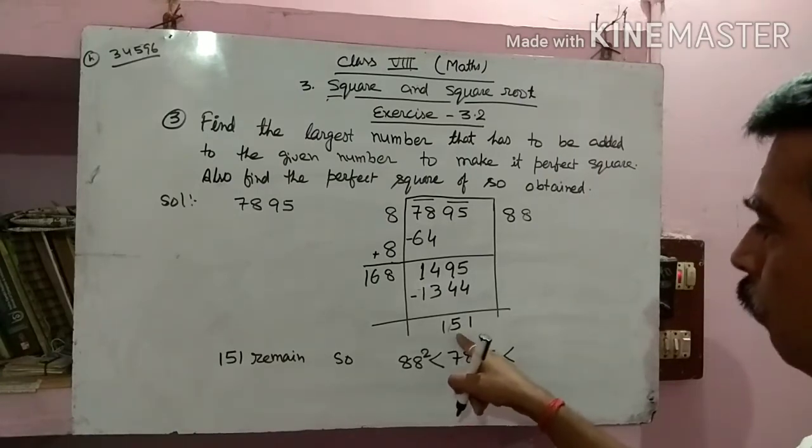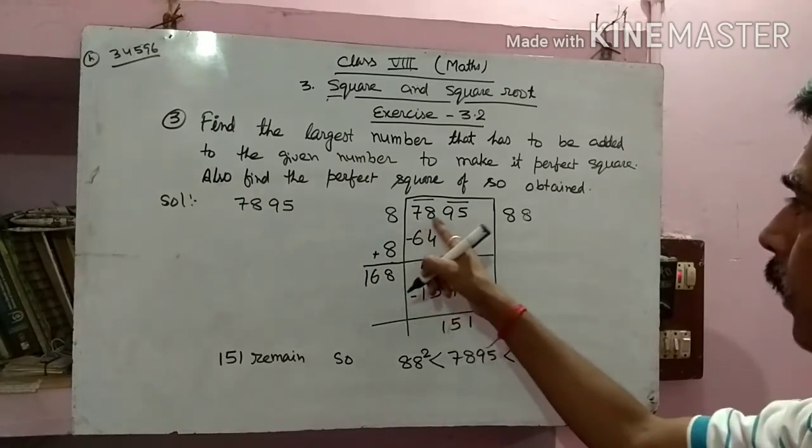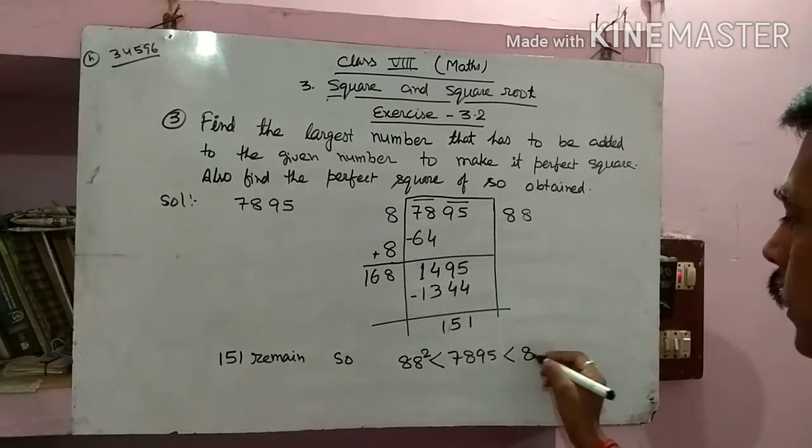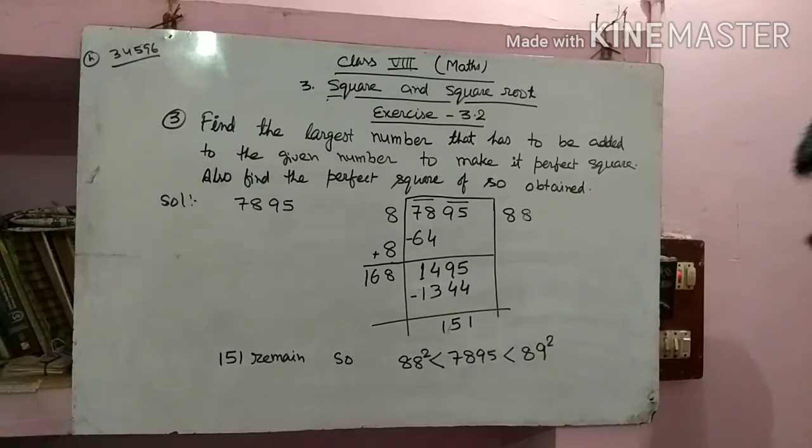So 7895 is less than the square of 89, is it?